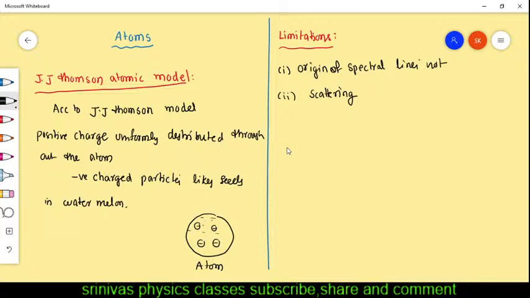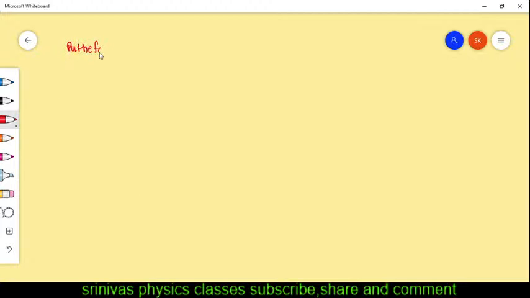And the next one is the Rutherford atomic model. What is the Rutherford atomic model? Before going to the Rutherford atomic model, we have to discuss the Rutherford alpha scattering experiment.